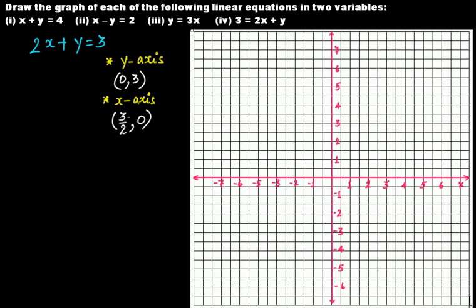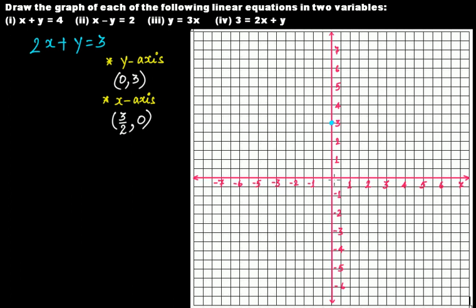Now 3 by 2 means what? It is actually equal to 1.5. If you divide 3 by 2, you'll get 1.5. So first let's plot this one, 0 comma 3. 0 comma 3 means this point on the y-axis, and this 3 by 2, that is 1.5 comma 0.